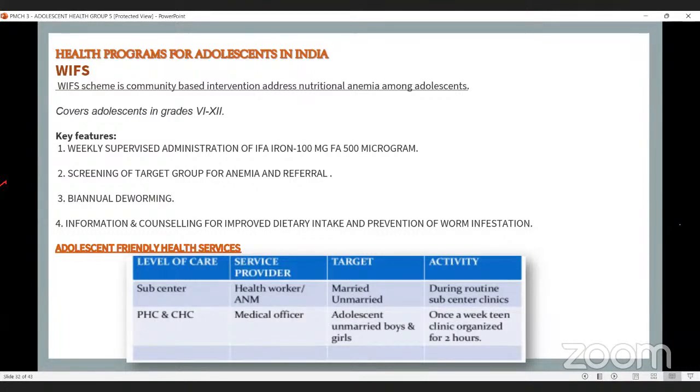Adolescent-friendly health services in India are at the PHC and CHC, where the service provider is a medical officer. The target was adolescent unmarried boys and girls, and the activity was conducted once a week at a teen clinic organized for 2 hours.